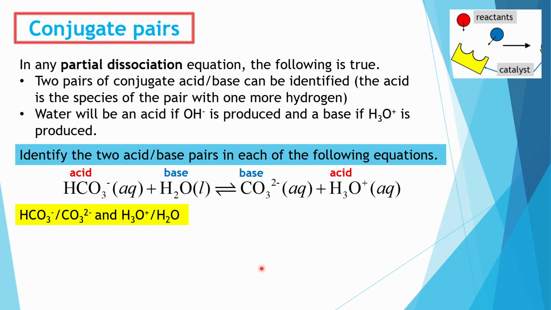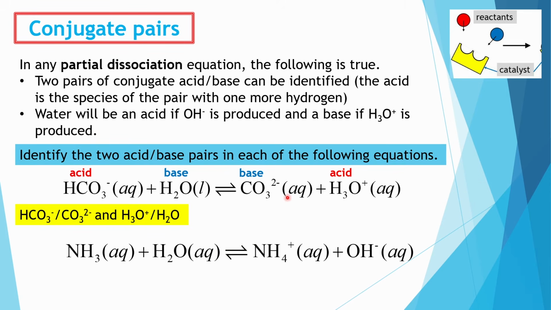If they ask you in the question to write down the acid-base pairs, make sure you put them in the correct order. If they've given the expression acid/base, then you write the acid first. So the first acid-base pair would be H2CO3 / HCO3 minus, and the second one, we write the acid first, H3O plus / H2O. What's the acid-base pair of the next one?